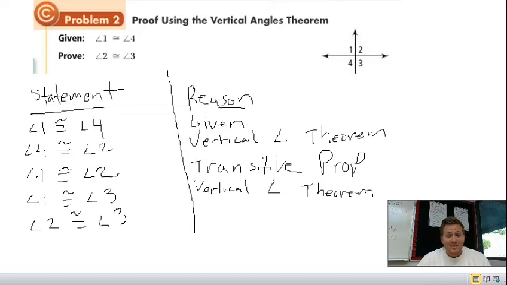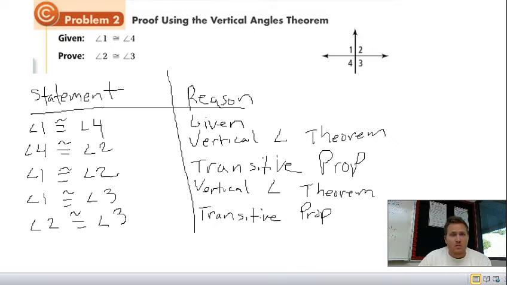I would say angle 2 is congruent to angle 3 through my transitive property. So what's my reasoning here? My transitive property.